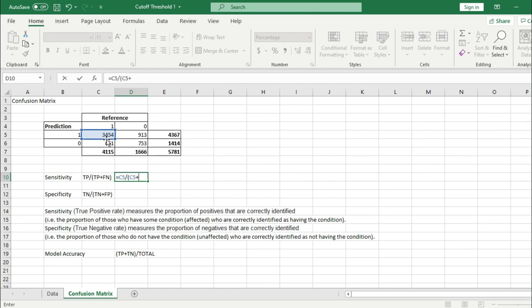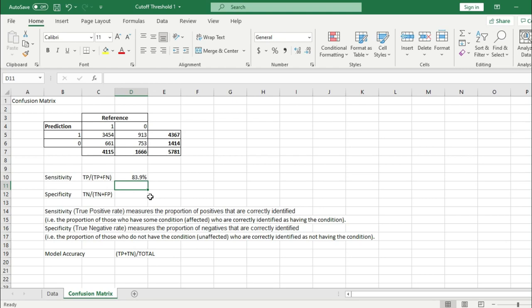That will be the ones that were predicted negative and were actually positive. That will be C6. So we will have a sensitivity of 83.9%, quite a high true positive rate. So our model is predicting really well the positive ones.